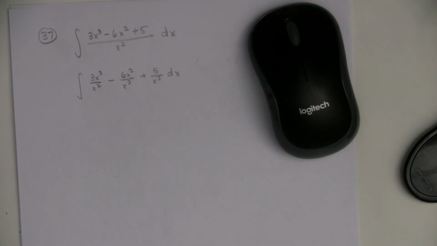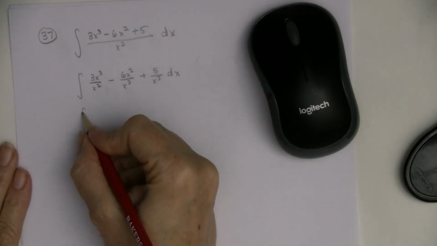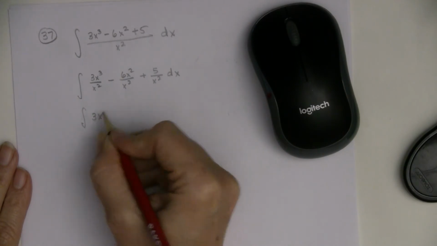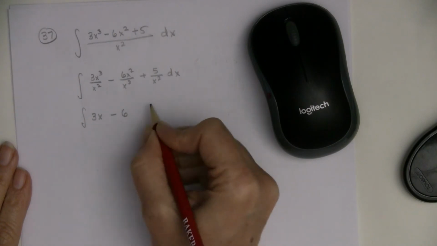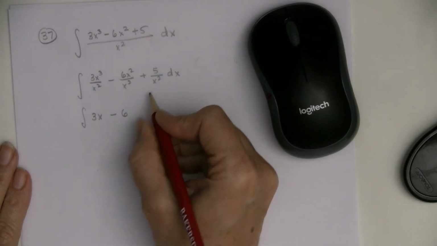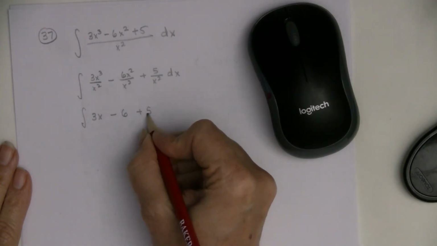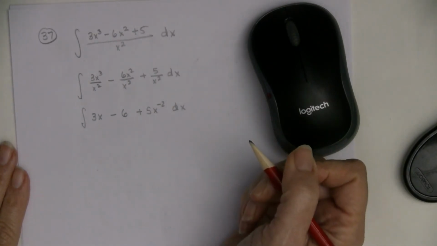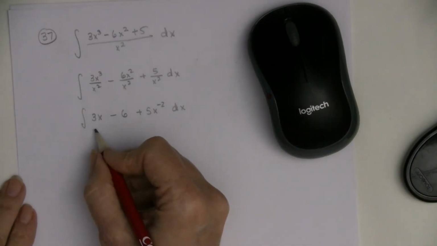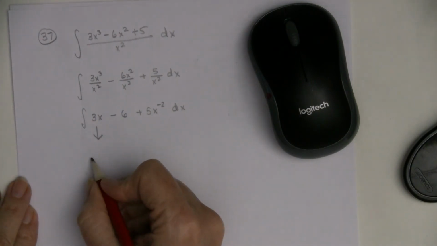So now I can divide that, and so this is going to be the integral of 3x, and then x squared divided by x squared, so this is minus 6. And then you don't want something in the denominator, so I'm going to write this as 5x to the negative 2 dx. And now I can take the integral of the pieces. So the 3 holds still.